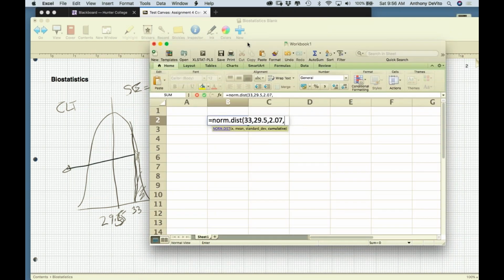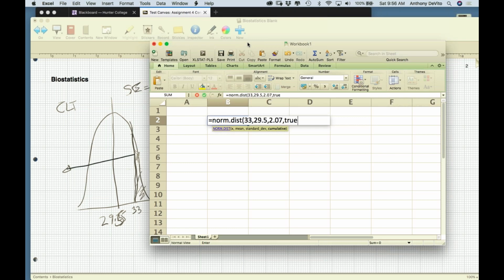And then it wants the value true or false. We almost always use true for this function because we're always looking for the area to the left of this value. False only gives you what would be a value for that specific outcome of 33, but even then, it represents almost a straight line, an area-less straight line.